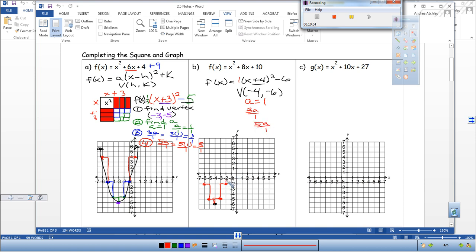So I'm going to go up 1, 2, 3, 4, 5, and over 1. Up 1, 2, 3, 4, 5, and over 1. And this should be my parabola. Any questions over that?